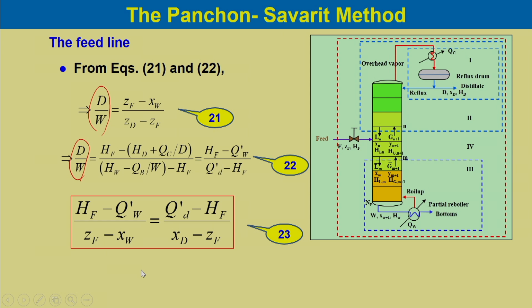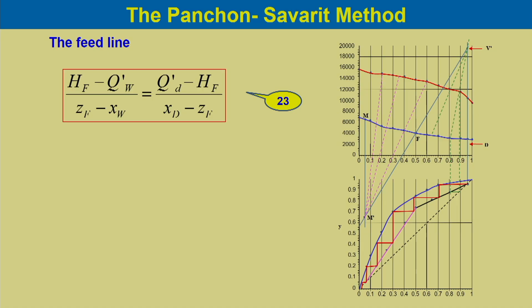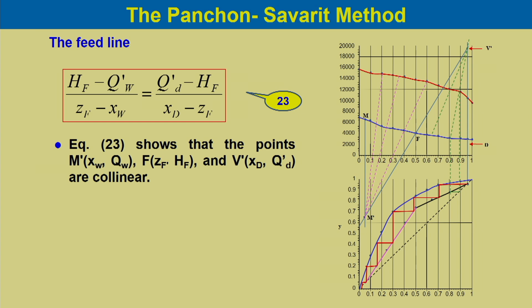Now, for all the sections we can draw the operating line for the stripping section as well as the rectifying section, and we can now find out the significance of the feed line. Equation 23 shows the points M dash, that is XW, QW dash, the feed ZF, HF, and V dash, XD, QD dash.